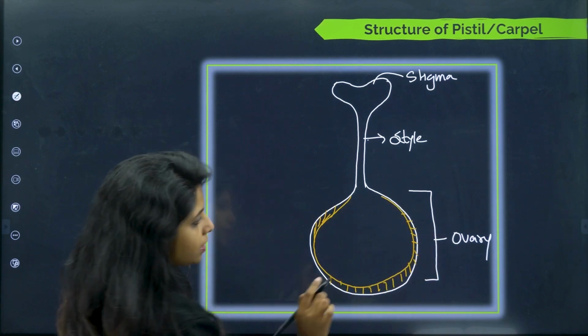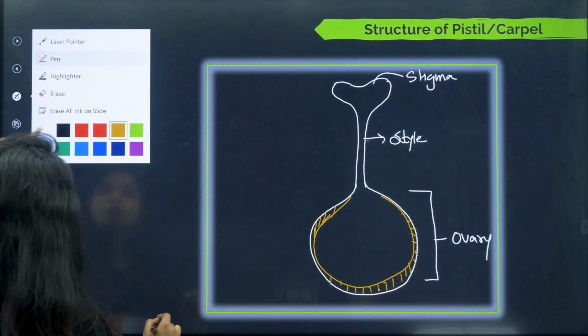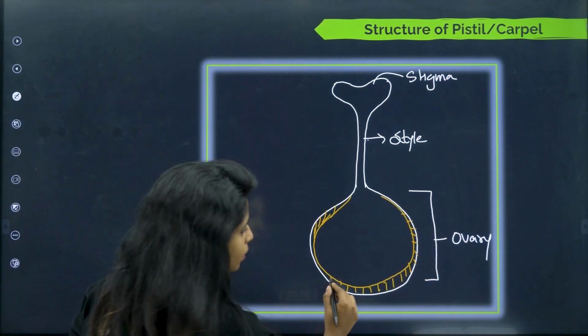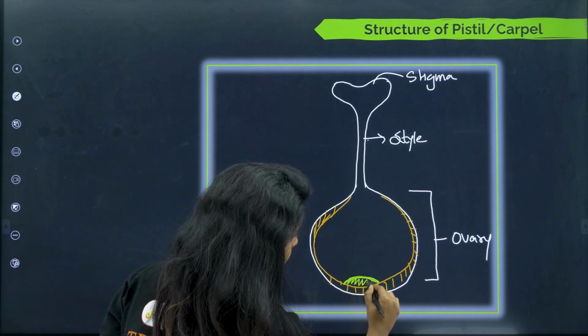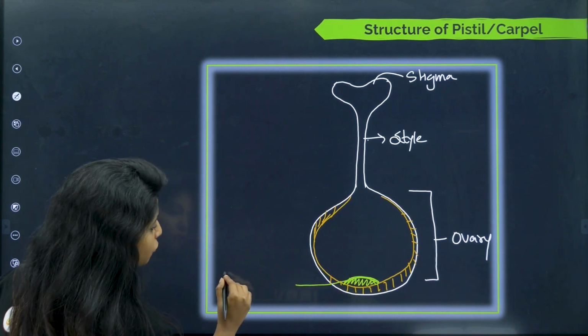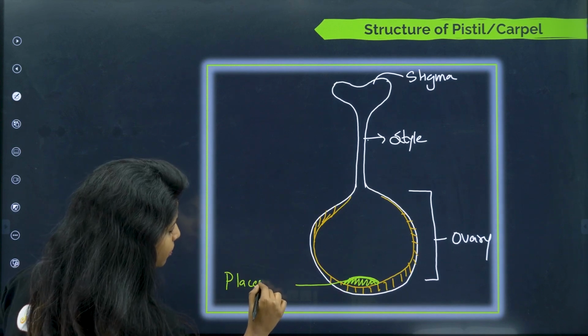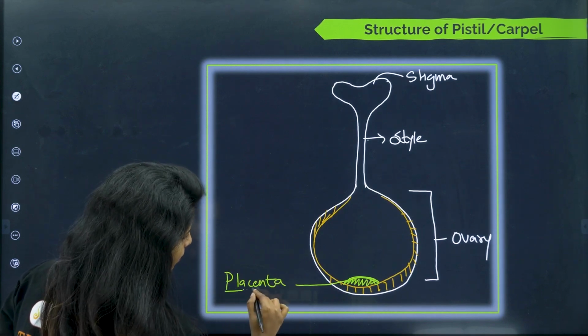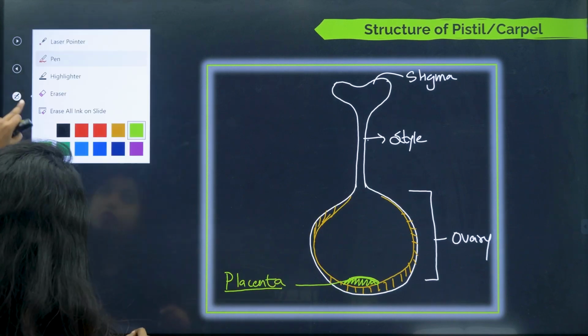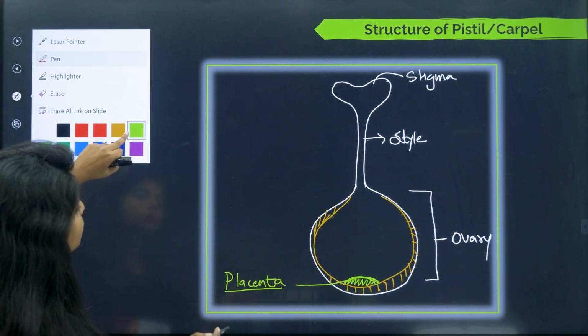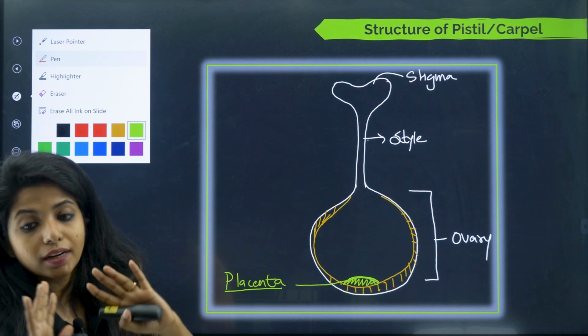Now children, just understand, in the ovary you will have placenta. This placenta is responsible for nourishment, just like how you humans have. Similar to it, there is placenta for the nourishment of the ovule. Later on endosperm and everything comes after fertilization, that is different.